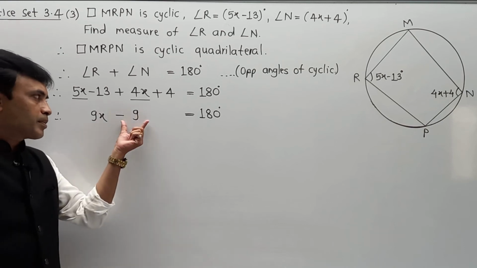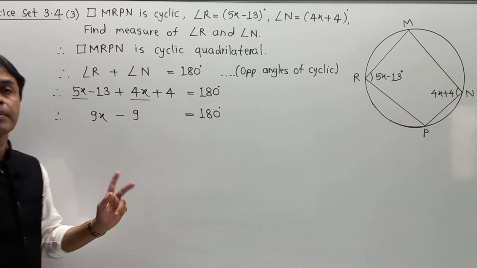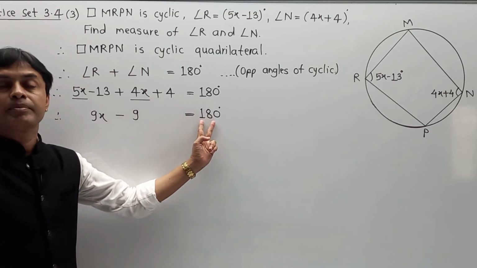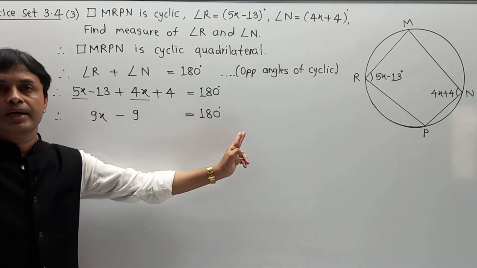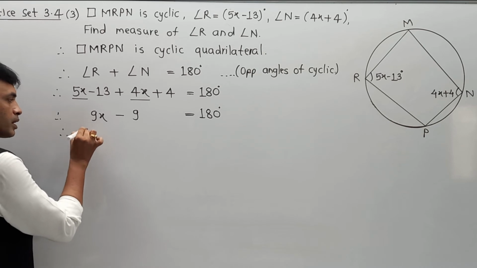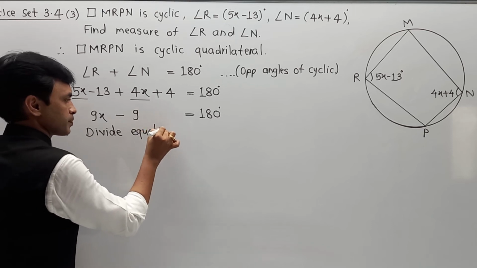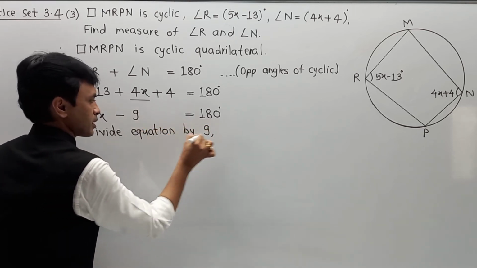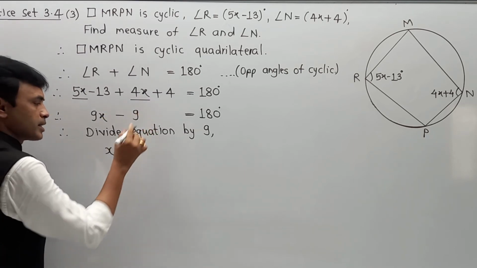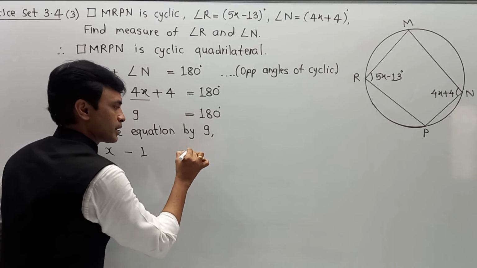Now most of the time students shift this minus 9 to the other side and do 180 minus 9 and then division. I am trying to give you a simple trick. As it is 9x, as it is 9 and as it is 180, meaning 18 into 10, all numbers are divisible by 9. So divide the equation by 9. When 9x is divided by 9, it becomes x, minus 9 divided by 9 becomes 1, and 180 divided by 9 becomes 20.